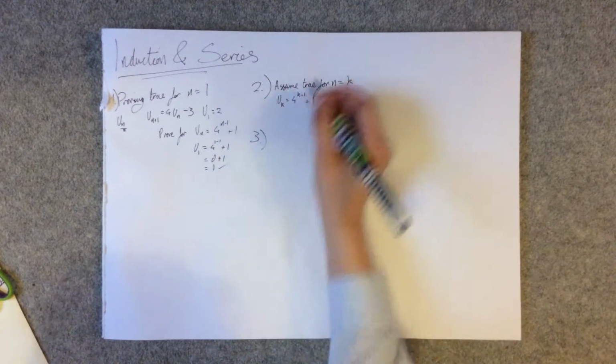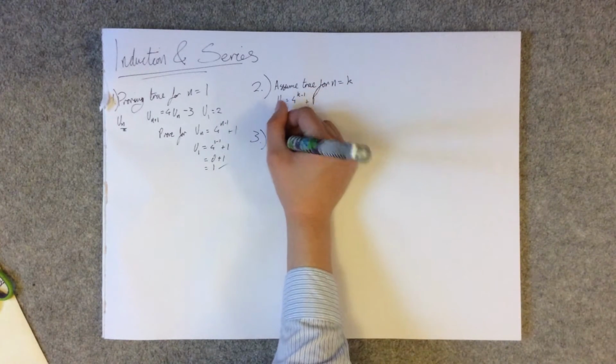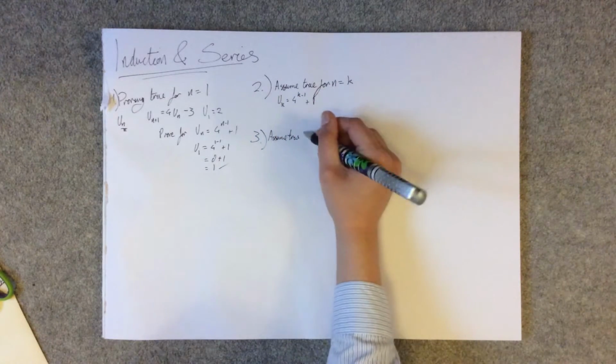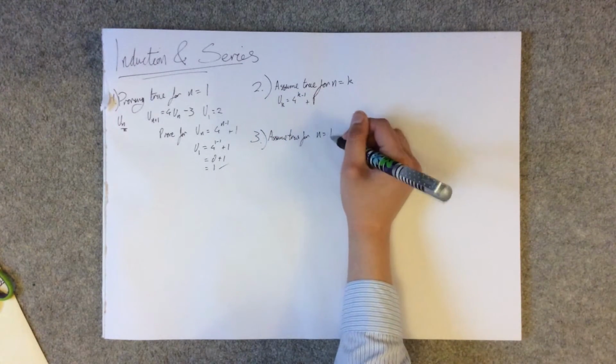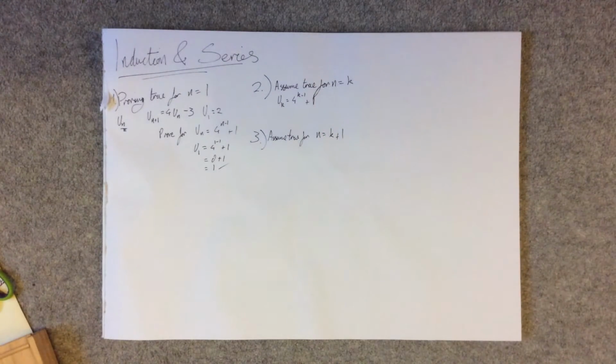Step 3, based on an assumption, you assume true for n equals k plus 1. And for this step, you actually have to prove something. Actual maths. Yay.